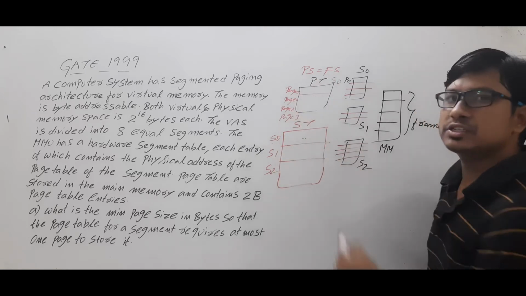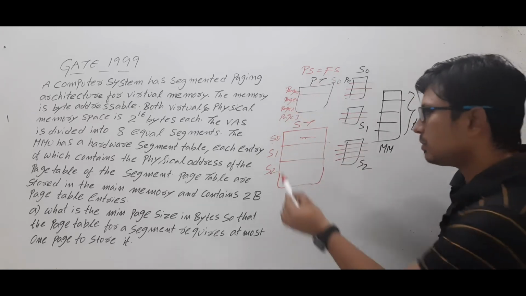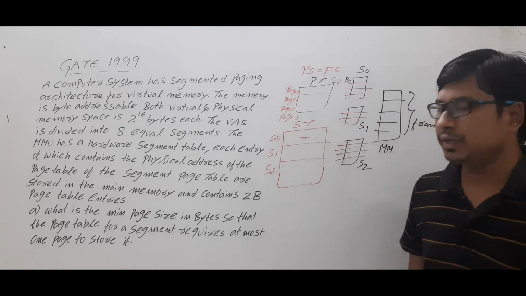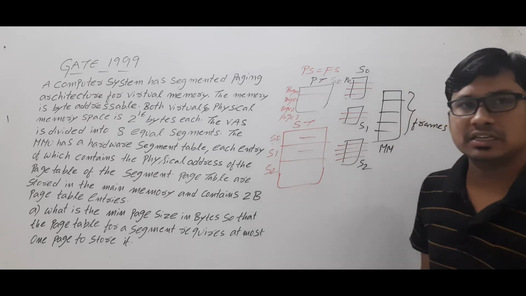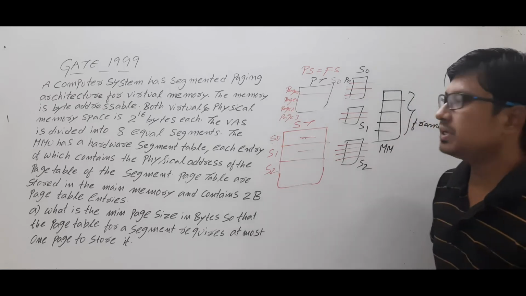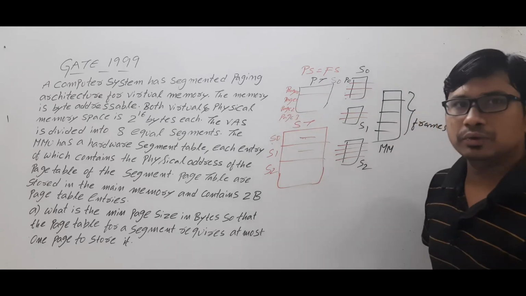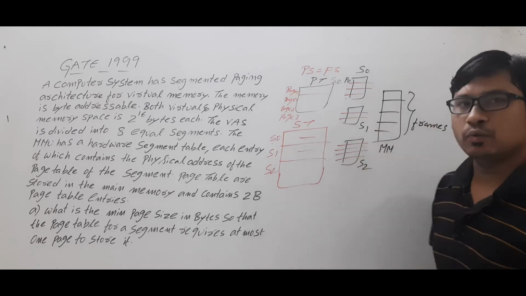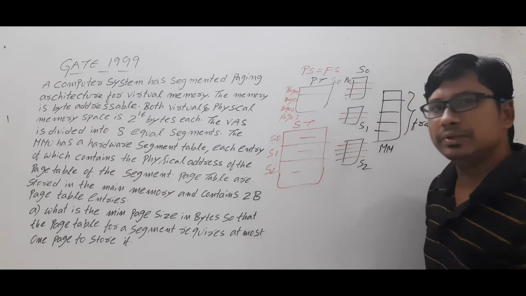For segment S0, the page table base address will be there. Segment S1's page table will be stored in one of the frames in the main memory, so its address will be there. And S2 means the page table of segment S2 will be loaded in one of the frames of the main memory, and that address will be there.